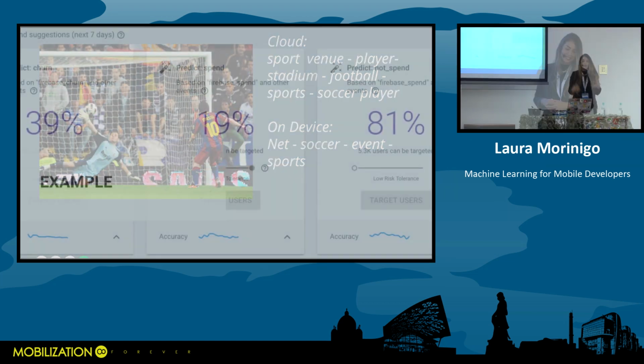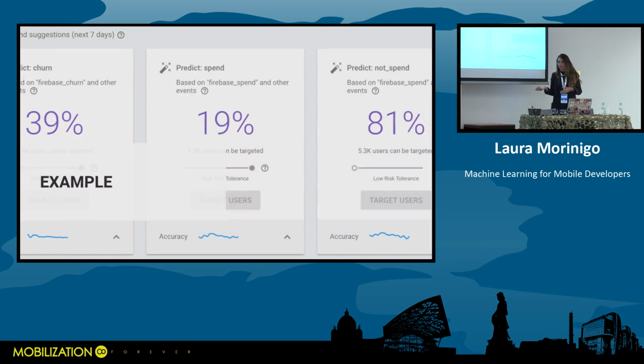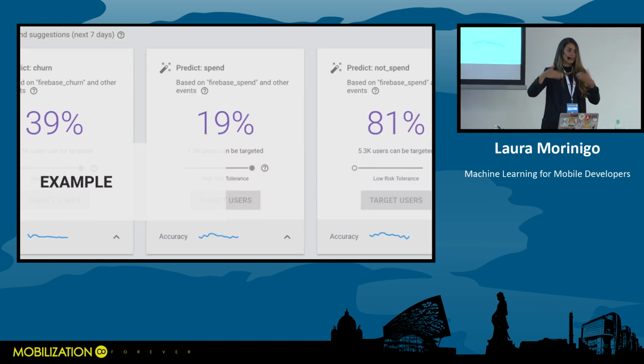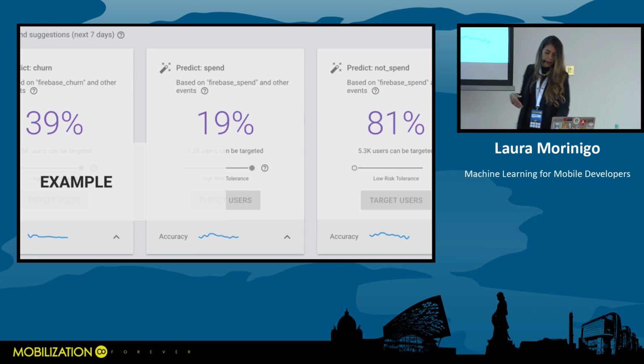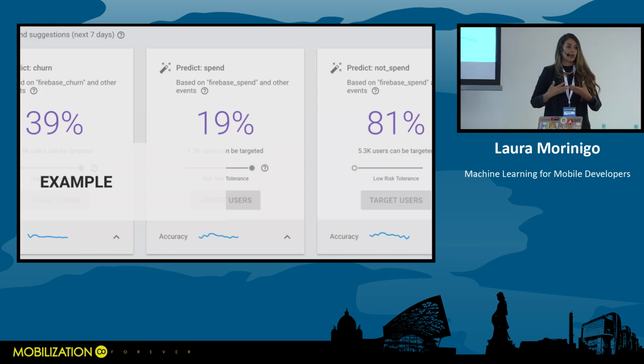In the example of Firebase Predictions, we can basically use analytics and check which kind of users are doing certain things with our app. It's super simple to use. If you already have analytics in your app, then actually you can classify the different users and combine those with things like A/B testing and so on.